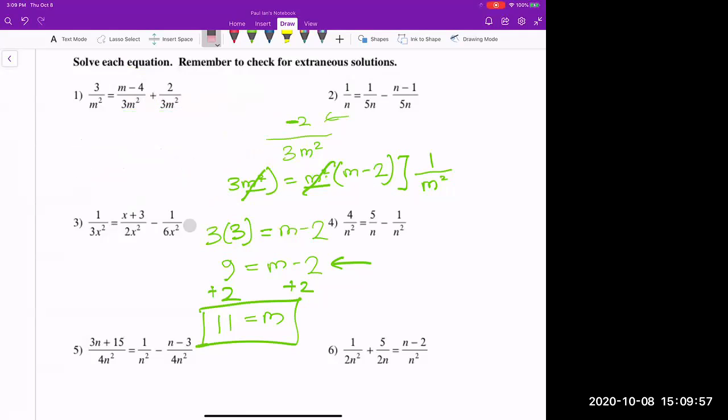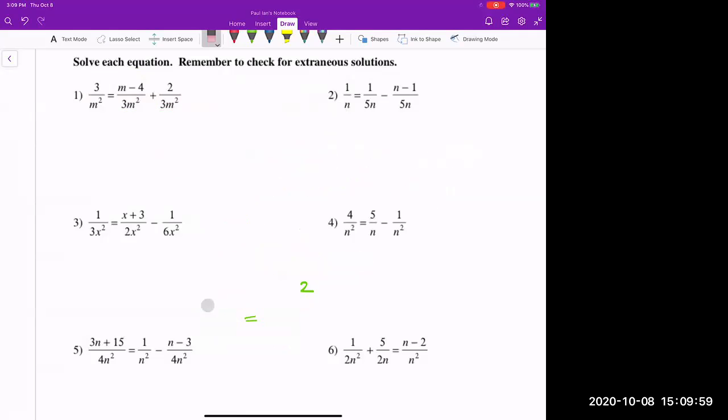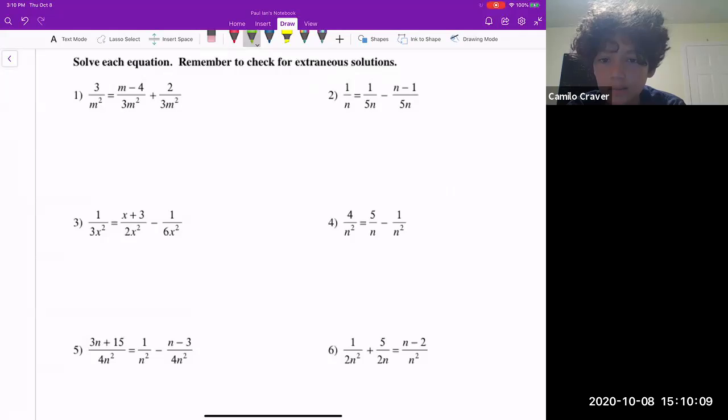Okay, let's try another one like this. This one's a little bit different, you need to apply everything in this one. Let's do this. What do you do first? 5n minus 5n.